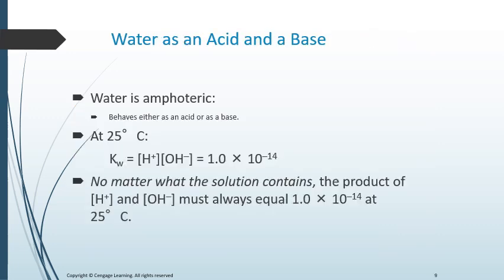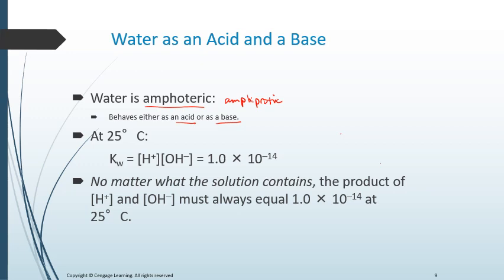So you saw this previously in our examples that we did for the Bronsted-Lowry definitions of acids and bases, but water is a substance that we call amphoteric. In either case, that just simply means that that substance can act as either an acid or as a base.